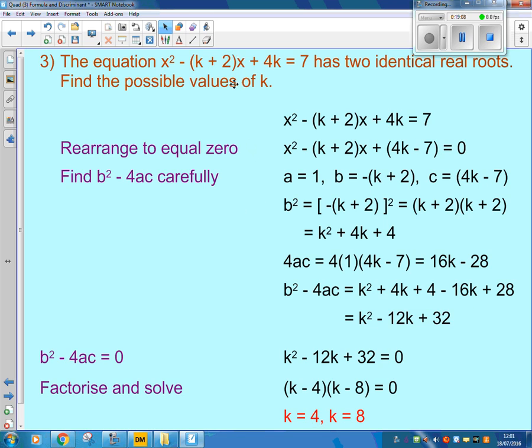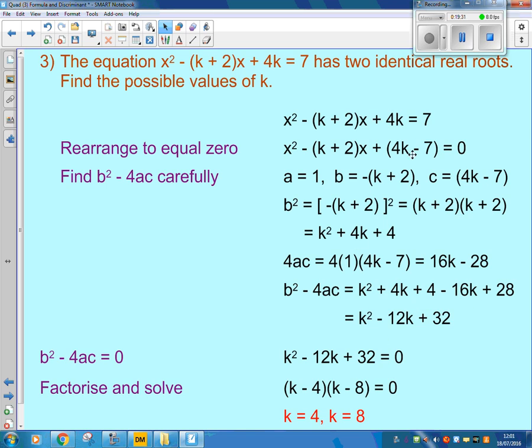If you put k equals 8 in here, you get x squared minus 10x plus 32 equals 7. You try solving that, obviously put it equals 0 first, and you'll find you only end up with one solution. So you could actually try and check that yourself, but you don't need to do that. We've got the solutions here.